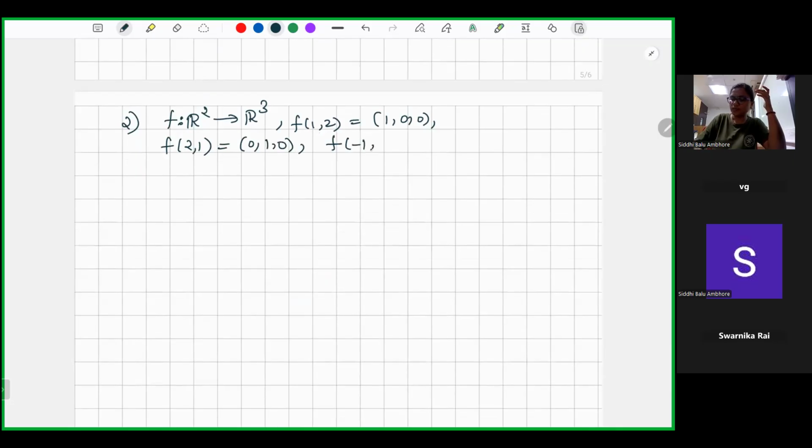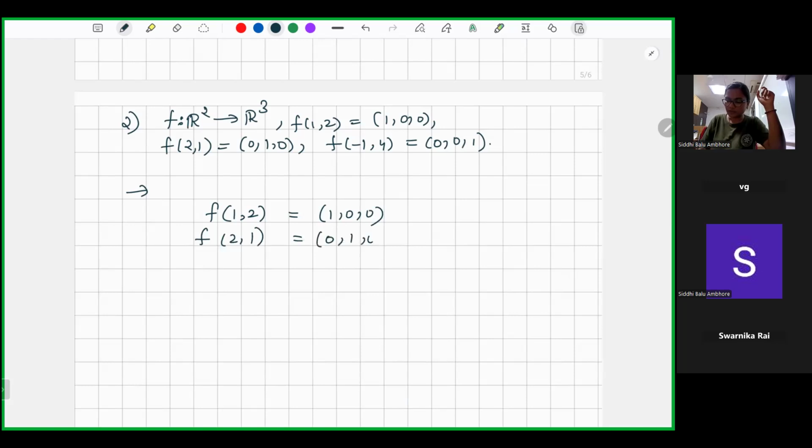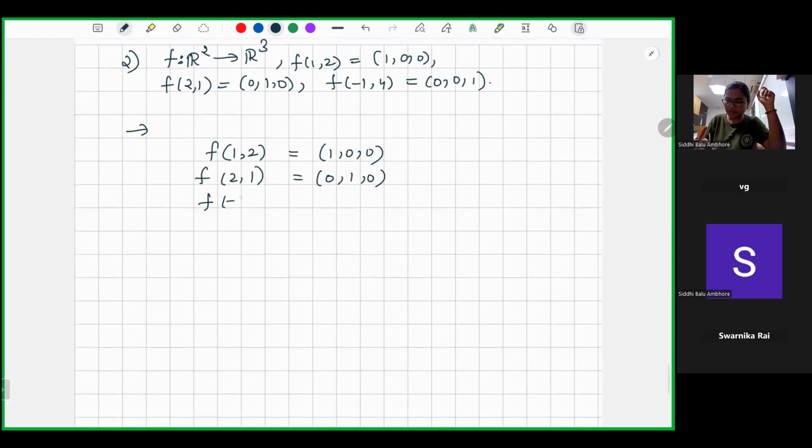And f of minus 1 comma 4, I want it to be 0 0 1. So now I have three equations: f of 1 comma 2 is 1 0 0, f of 2 comma 1 is 0 1 0, and f of minus 1 comma 4 is 0 0 1.